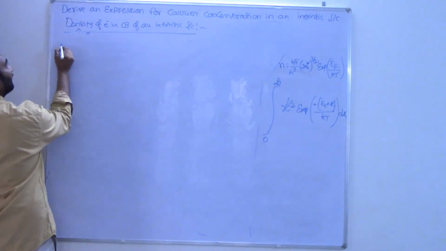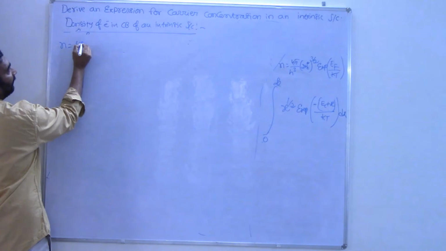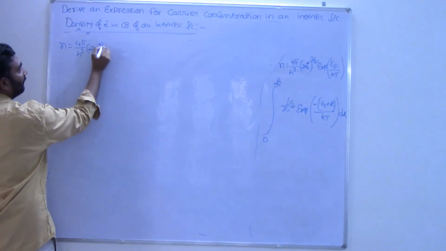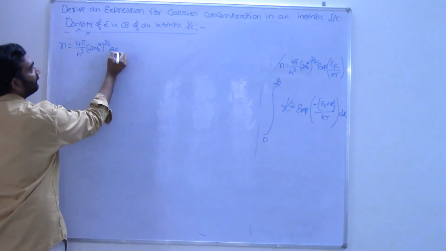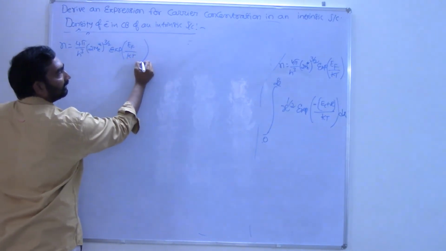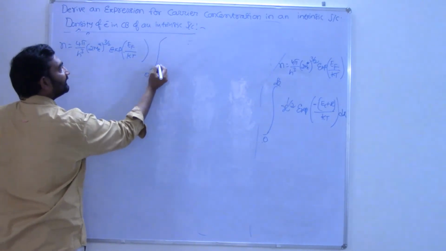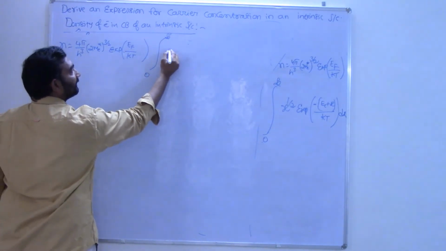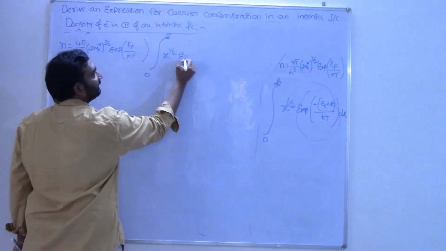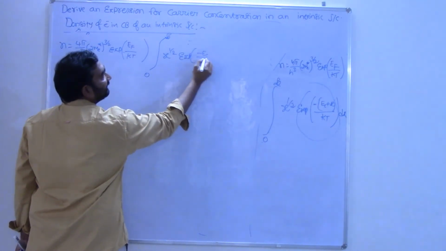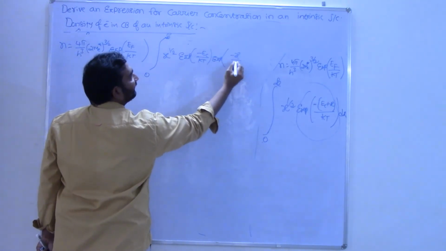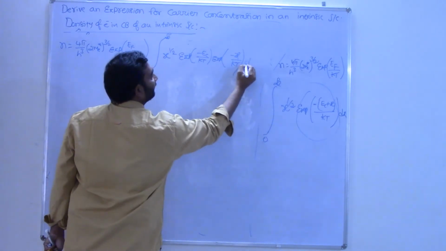So that equation can be simplified as n equals 4 pi by h cube into (2me star) whole to the power of 3 by 2 into exponential of EF divided by kT, integration of 0 to infinity x to the power half into exponential of minus EC by kT into exponential of minus x by kT into dx.